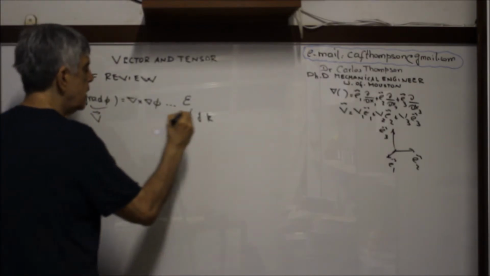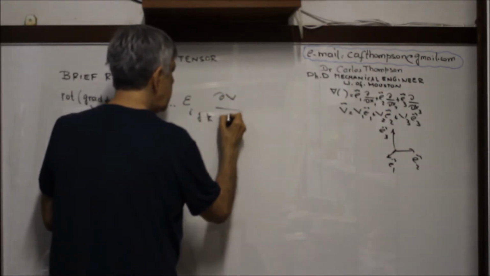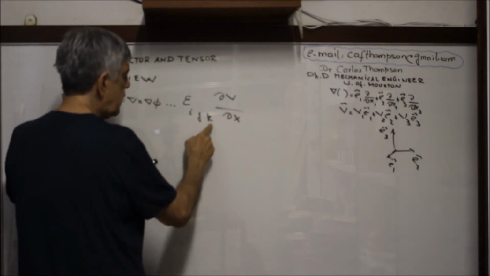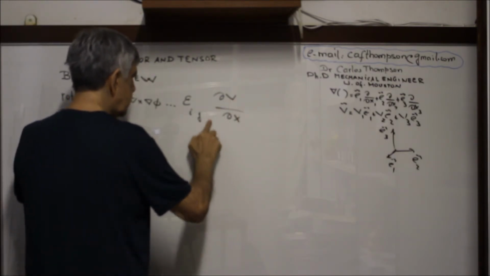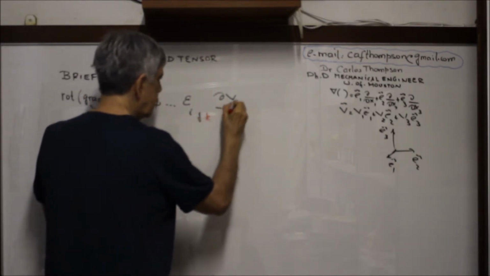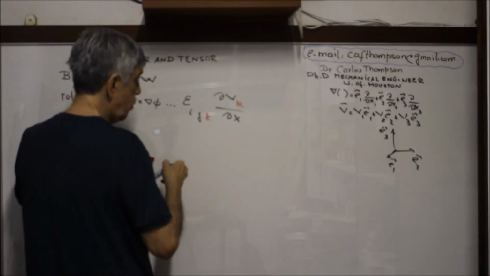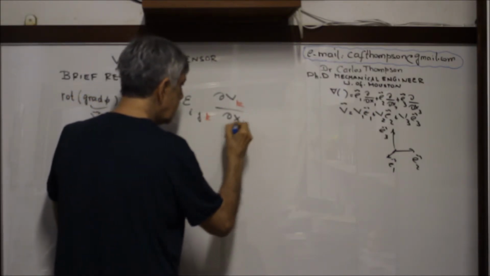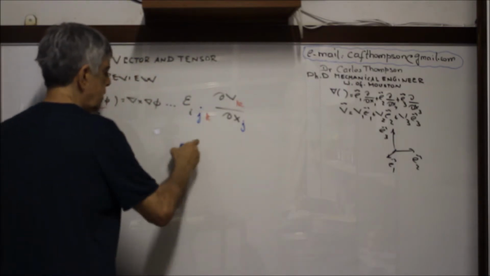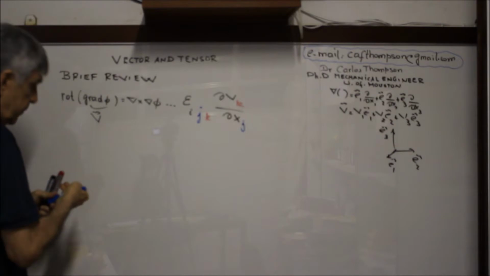Don't forget, this is the partial derivative of v with respect to x. Do you remember? So k comes here, and j comes here. Don't forget that. You can't forget this, otherwise you will not reproduce what we developed.